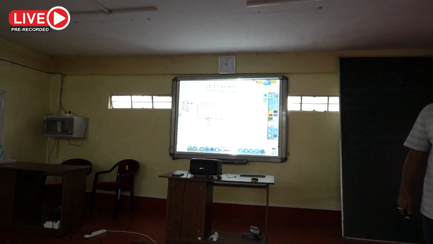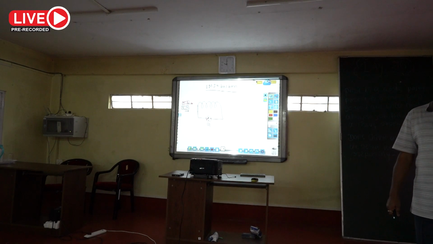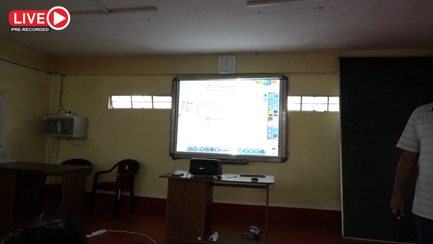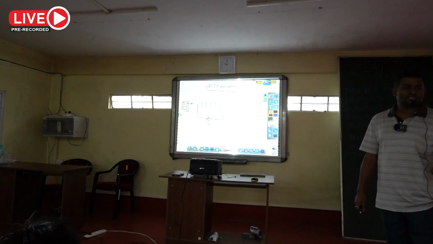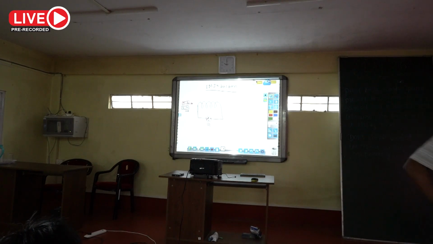Faraday experimentally observed that if the direction of the motion of a particular pole is reversed, the direction of the current is also reversed.